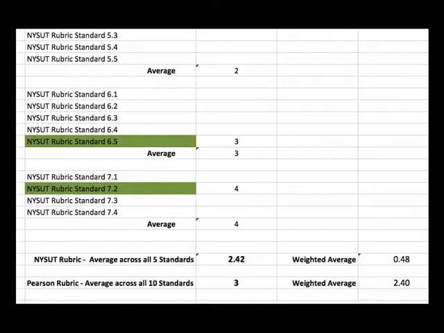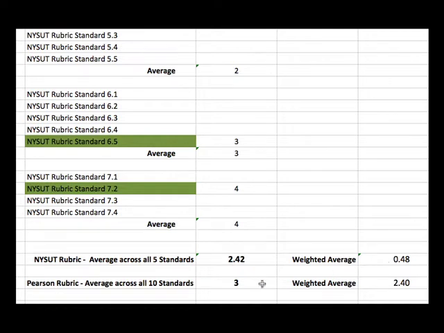An average is then taken across all 5 standards, resulting in an average score for the NYSUT rubric of 2.42. The NYSUT rubric represents 20% of the other measures. So the average score of 2.42 is then multiplied by 0.2, resulting in a weighted average of 0.48.